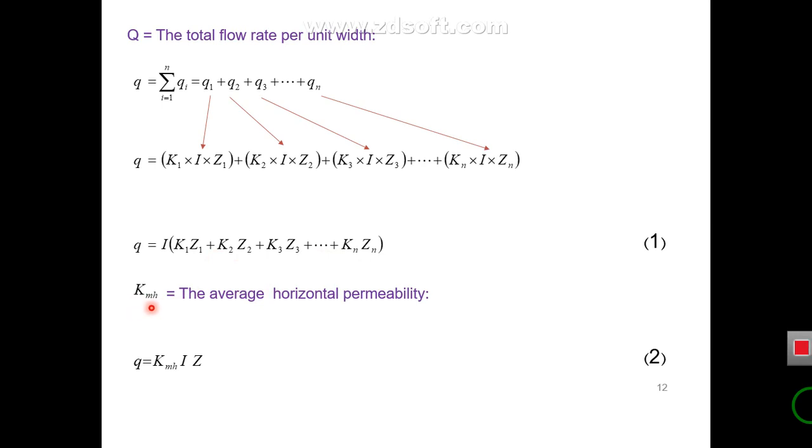Considering that Kmh is the average horizontal permeability, then for a homogeneous system we can write Q is equal to Kmh multiplied by I multiplied by Z. In this equation, Z is the total thickness and I represents the hydraulic gradient for the set of layers, and Q is the total flow rate per unit width of the aquifer.